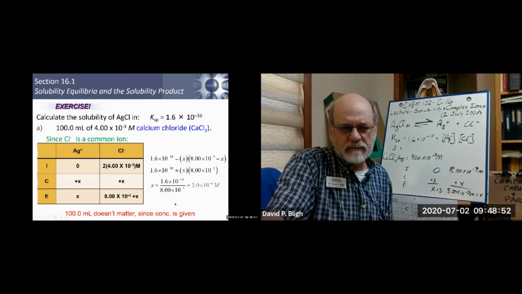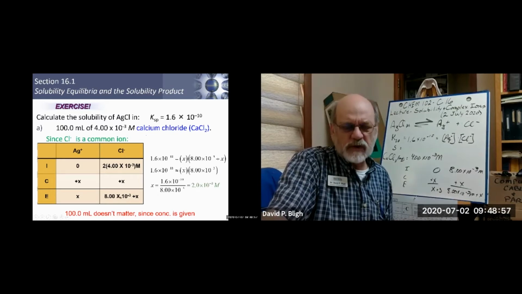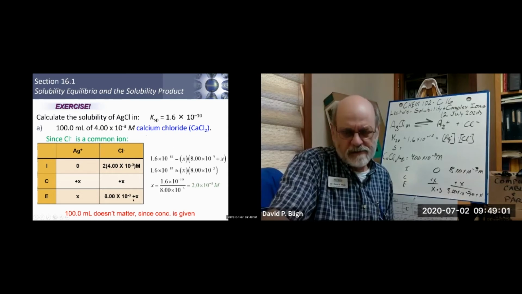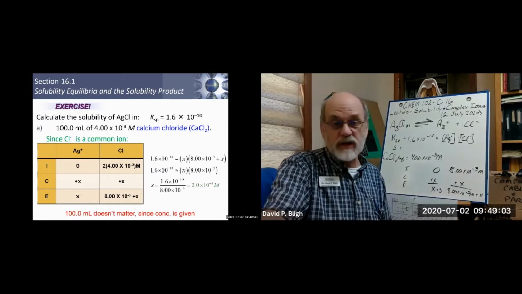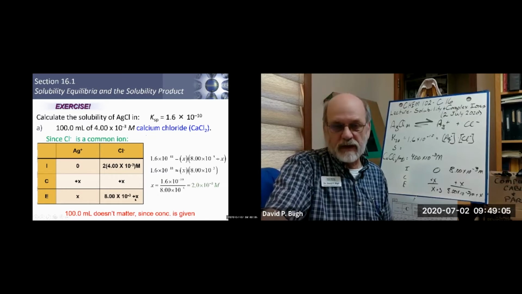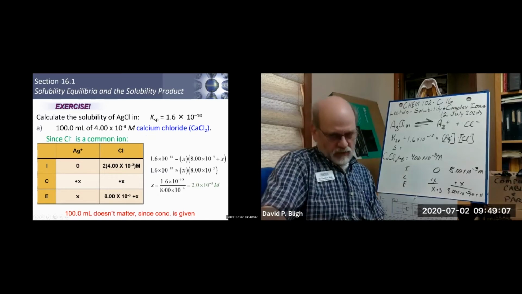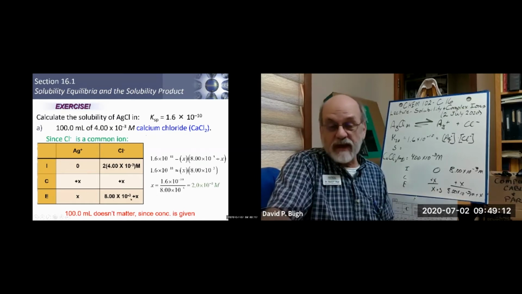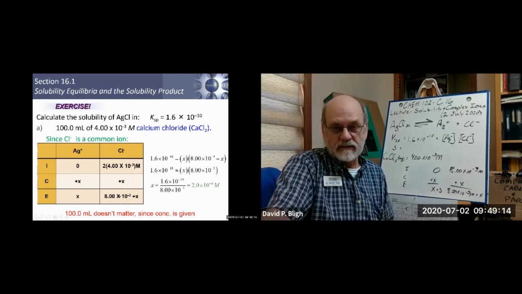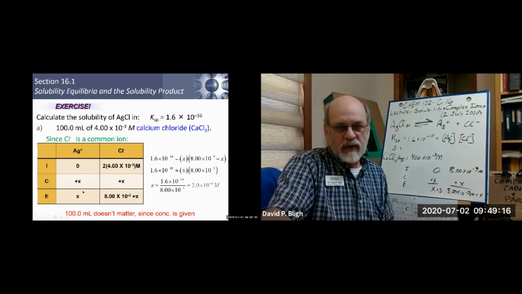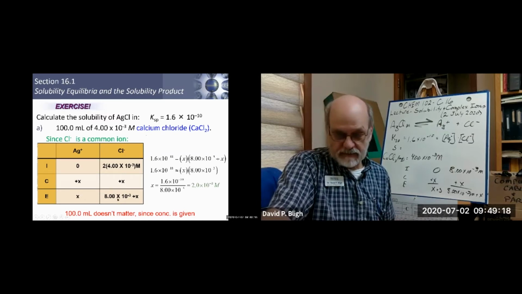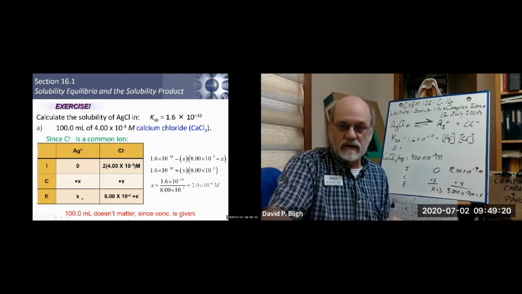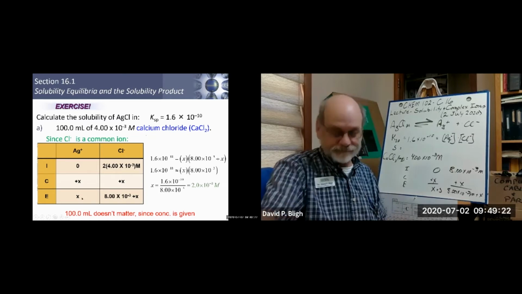No, that's not right. Because our expression says it's 8 times 10 to the minus third plus X. So the chloride concentration hasn't changed much at all. Okay, I misspoke. When we add this plus this small amount, we basically have the same concentration of chloride as we did before. But we have a lot less silver than we expect in pure water.